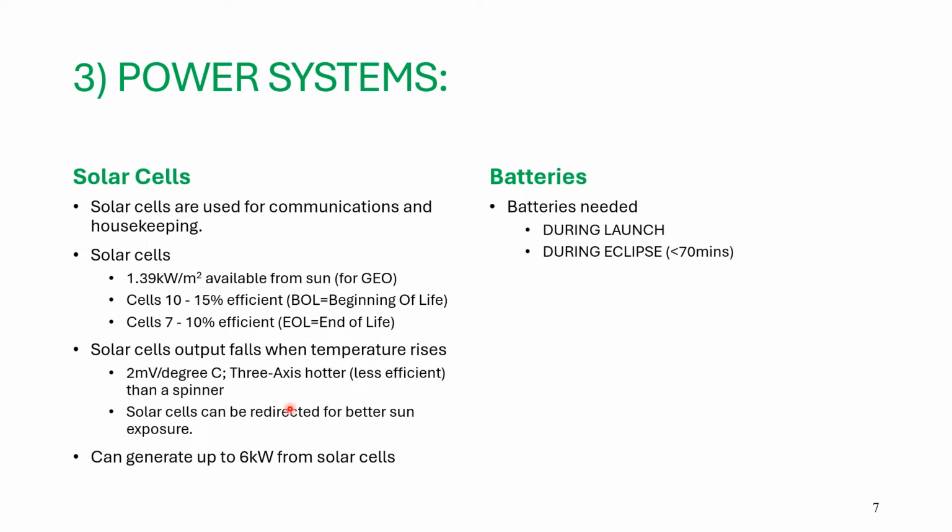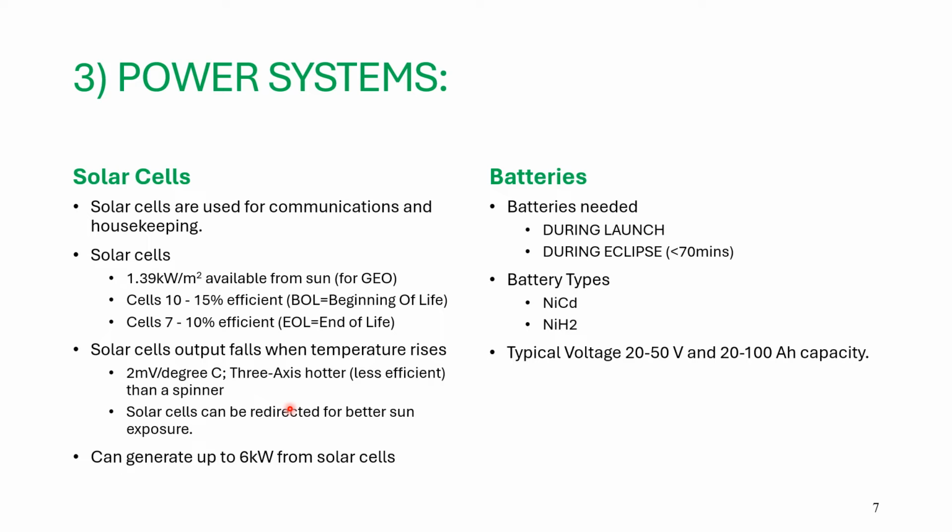Batteries are needed during the launching process and during the eclipse, because there is no source from the solar cells, and there are different types of battery used. We have different chemistry, or different material used for building the batteries.